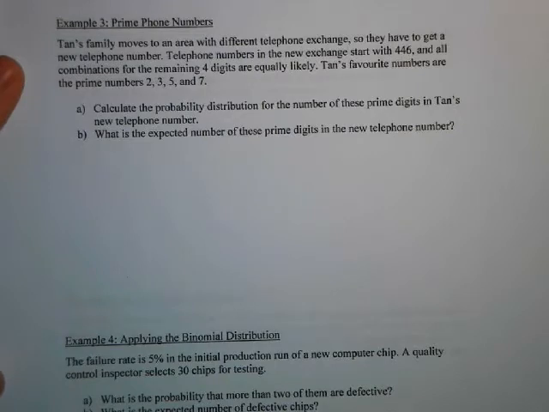So it's independent trials, and if the number chosen for each digit is a prime, we'll consider that a success. If it's not a prime, it's a failure.